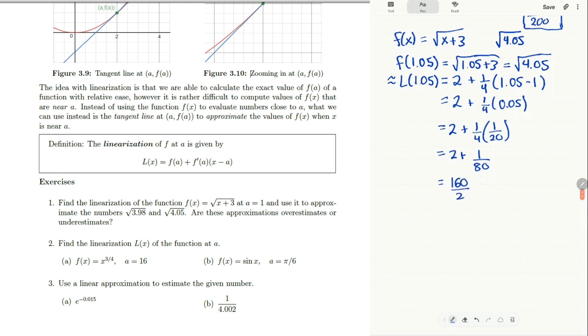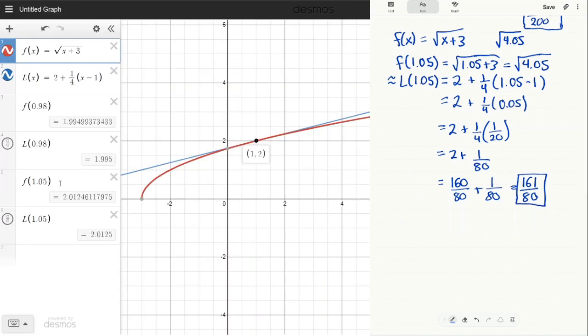So that is 160 over 80 plus 1 over 80, which is 161 over 80. So here the exact value for the square root of 4.05 is given by 2.01246117975.